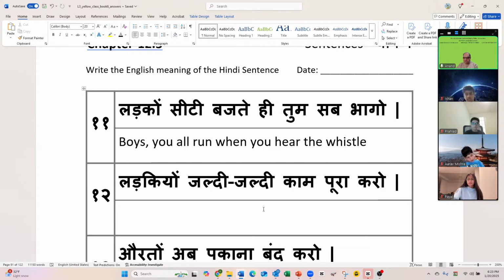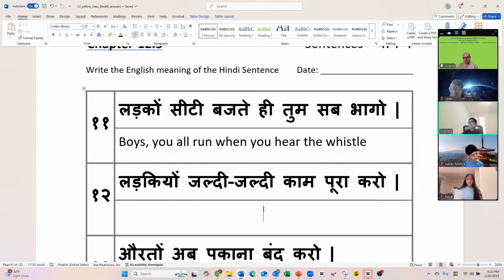Okay, instead of boys participating in this race, if it was aunties participating in the race, Prahlad, how would you tell them to do it? You can use the word auntie.